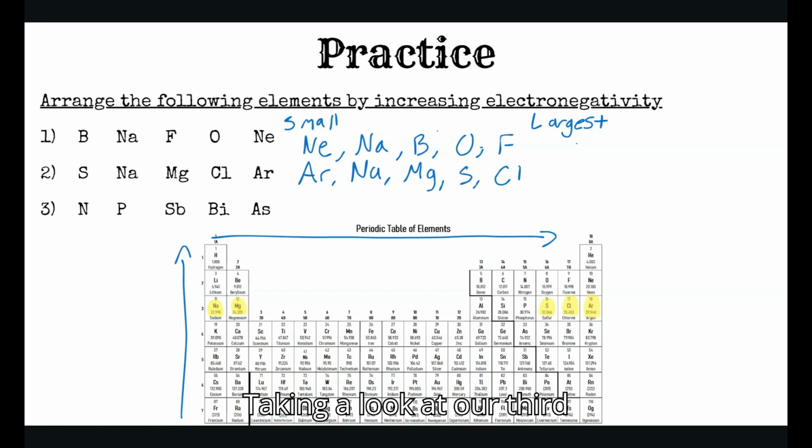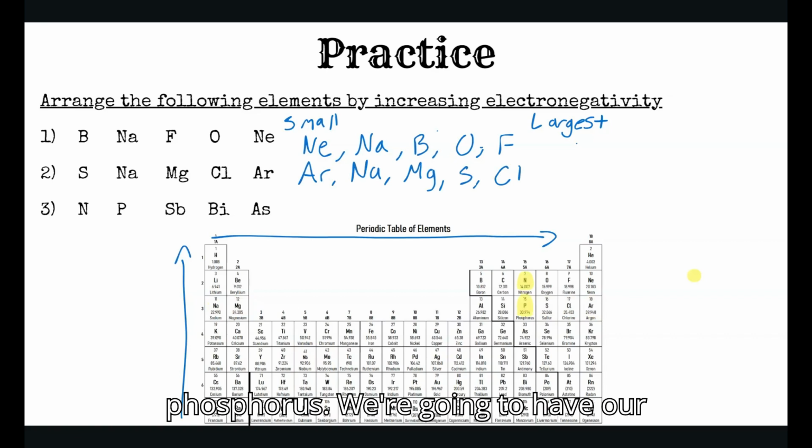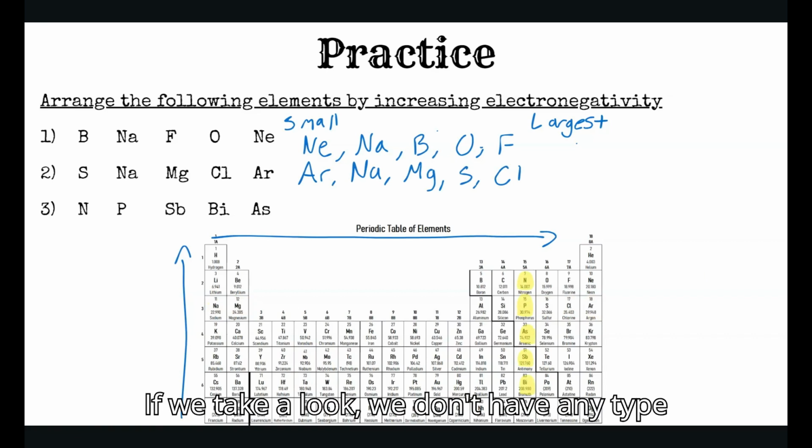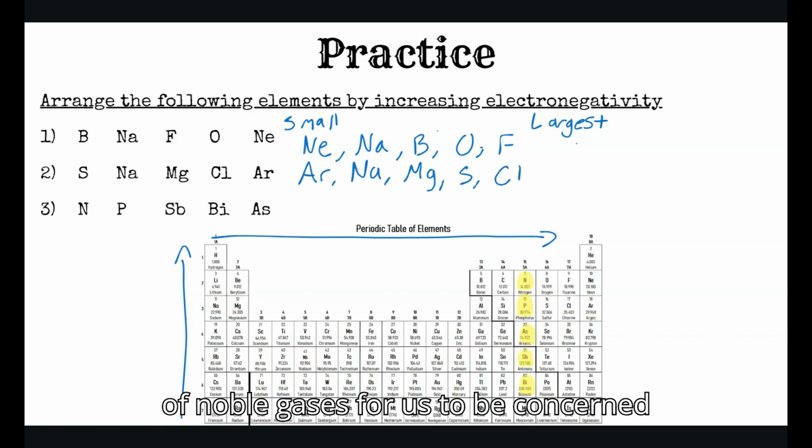Taking a look at our third one. We are going to have the nitrogen, we're going to have our phosphorus, we're going to have our antimony, we're going to have our bismuth, and we're going to have our arsenic. If we take a look, we don't have any type of noble gases for us to be concerned with, so we're able to follow the trend as normal.